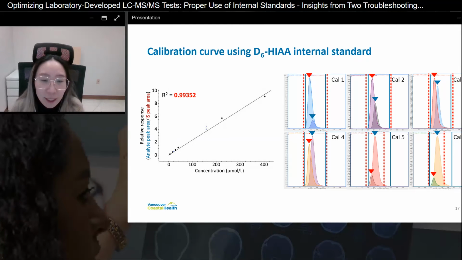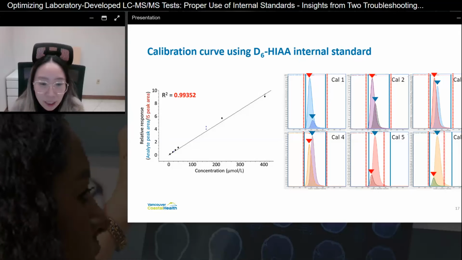And then let's look at a bad day of calibration, where we see a nonlinear cal curve with an R-square of only 0.99. We can see that analyte calibrators 1 to 4 overlap reasonably well with the internal standard, but at higher concentrations, cal 5 and 6, the overlap breaks down.